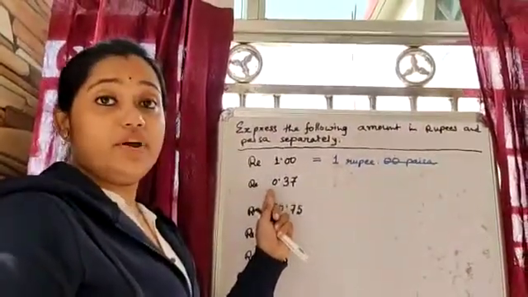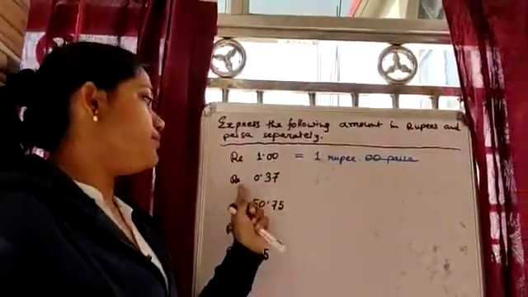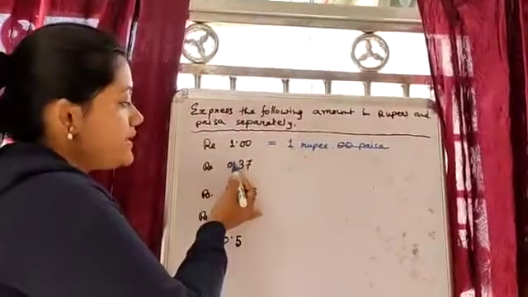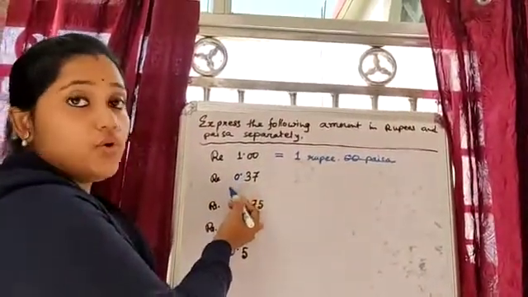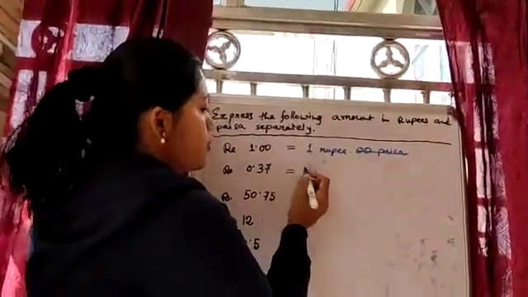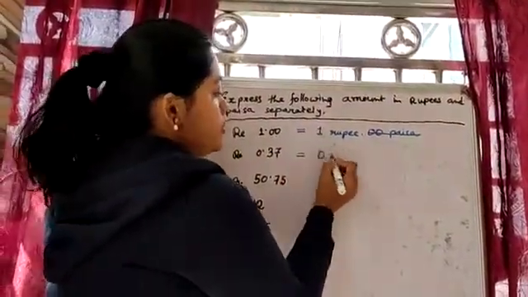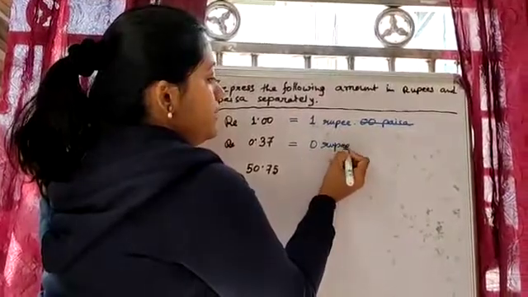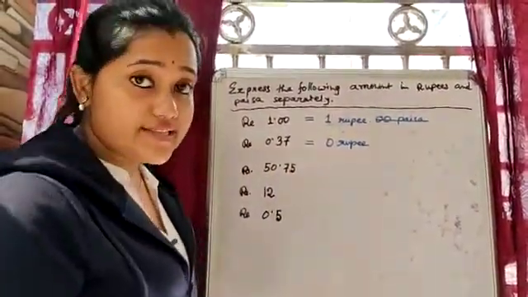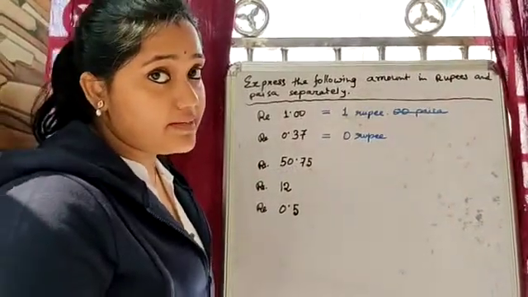Now the next problem is 0.37 rupee. Now you see, before the decimal point there is 0. What does it mean? There is no rupee. So it is 0 rupee and 0.37. We can write 0.37 as 37 divided by 100.